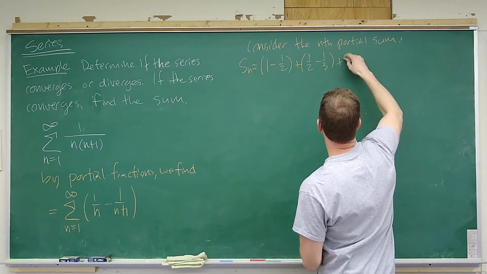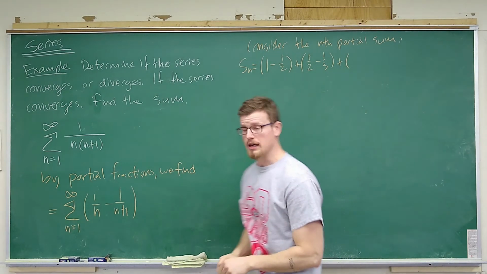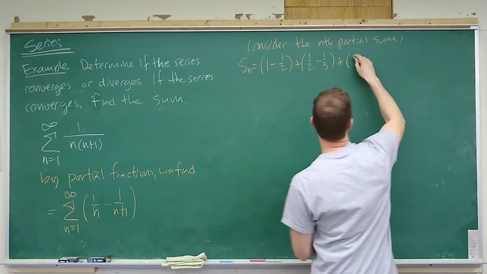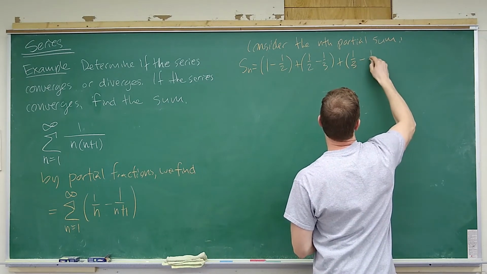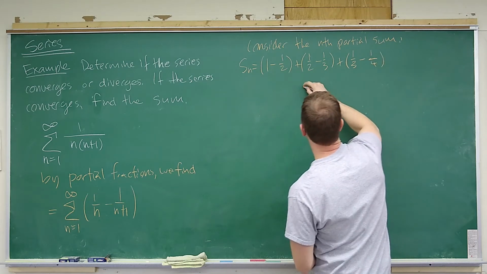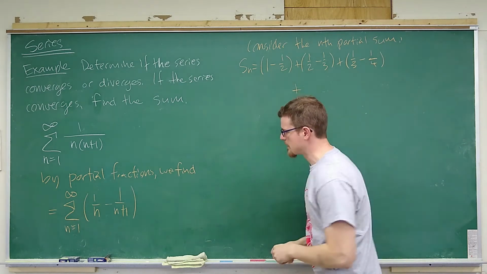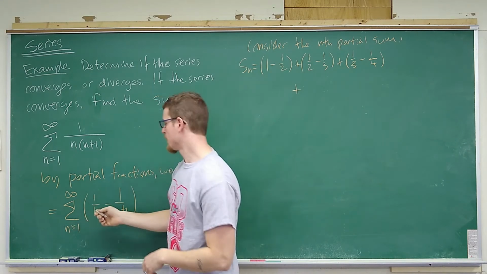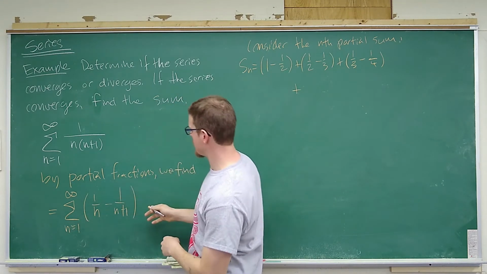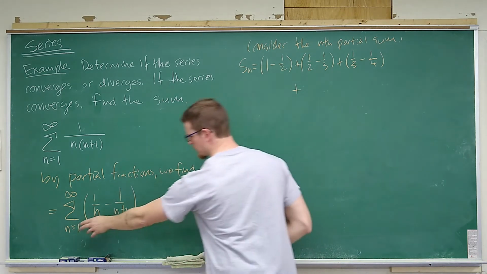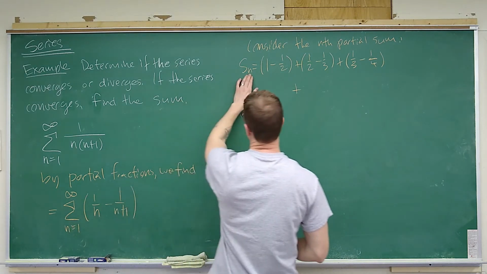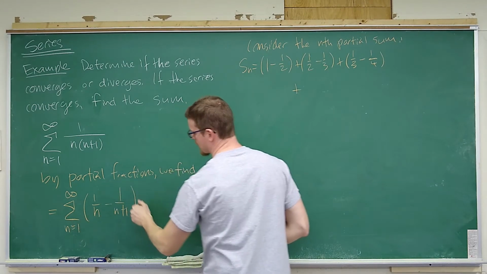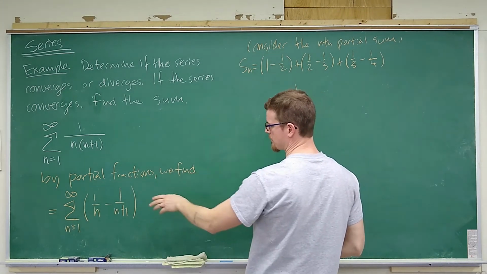And then I can add to that the third term. Let's see here, 1 over 3 minus 1 over 4. And then I need a little bit more room here, so I'm going to drop down the line, and I'm going to add the last two terms. So for n minus 1, this is a little bit weird because we're using n here and n as our subscript, but we're looking when n is equal to n minus 1 and then when n is equal to n.